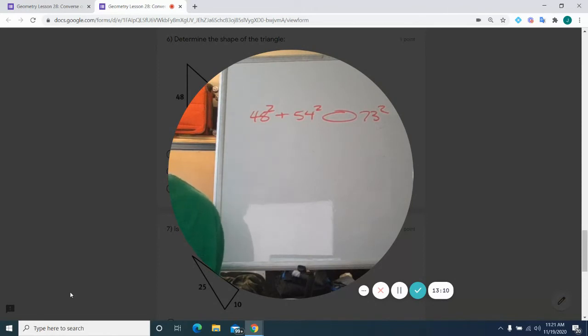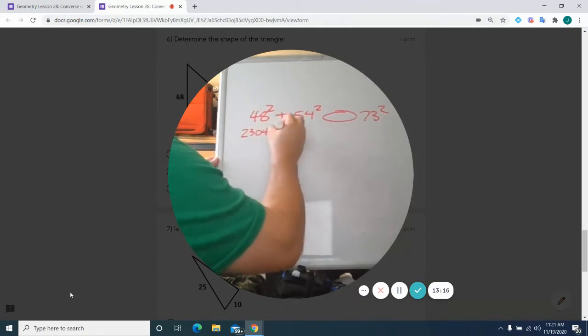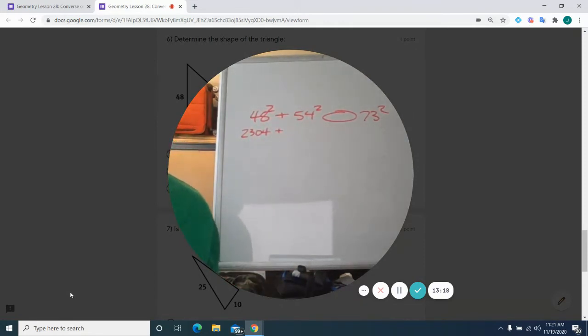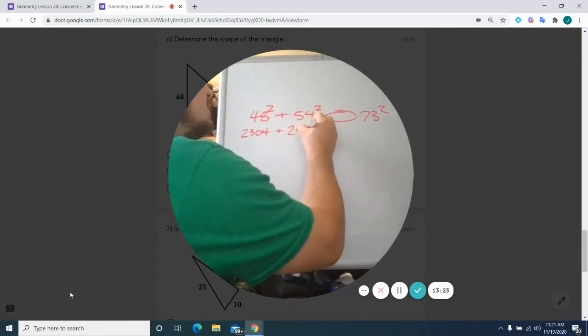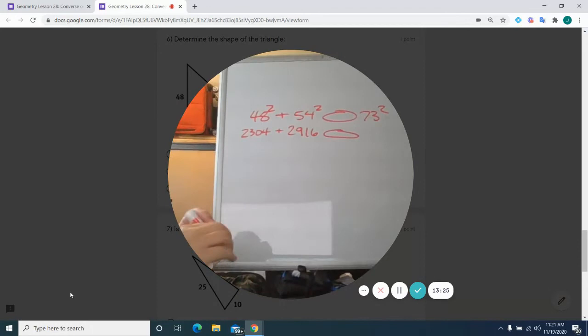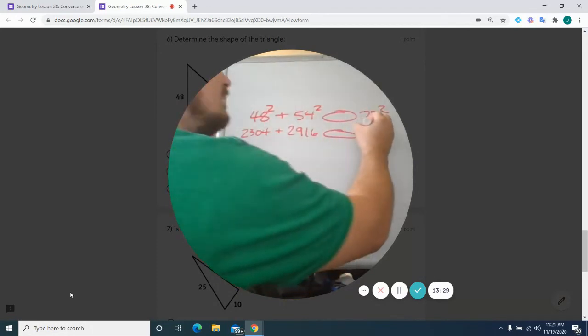So let's do 48 squared, 2304, plus 54 squared, 2916, and then 73 squared, and it's 5329.